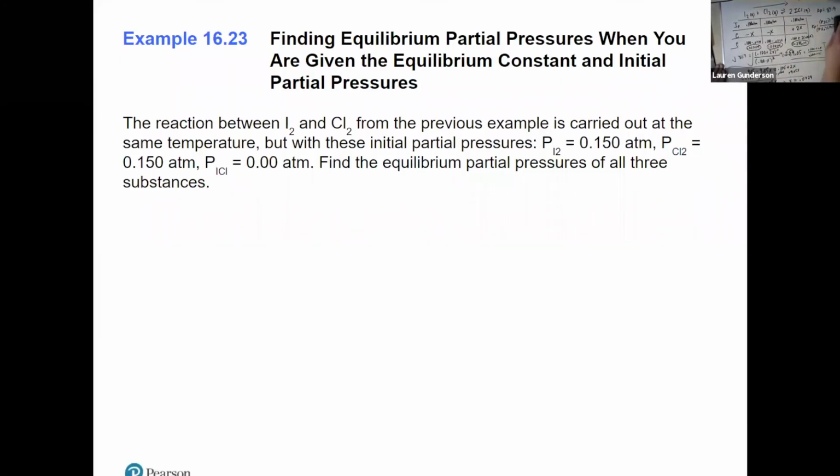So we're still using this same reaction at the same temperature. We have different values.